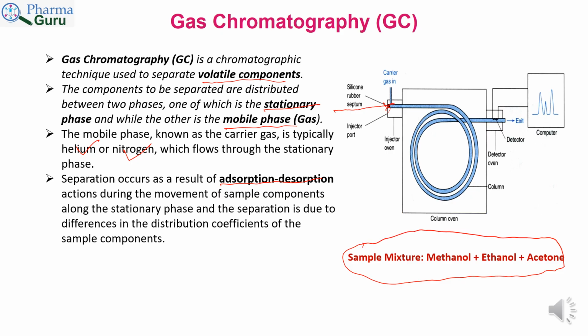When it enters into the column, each of methanol, ethanol and acetone will interact with different capacity with the stationary phase, since each has different polarity, and finally they get separated and we get chromatogram containing peak of methanol, ethanol and acetone in GC.